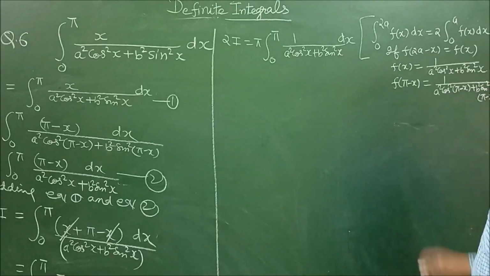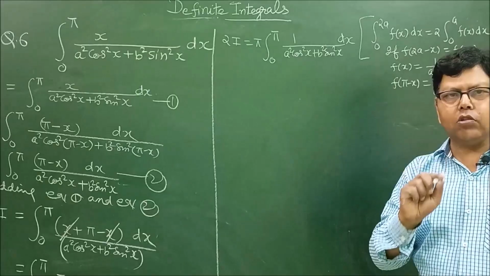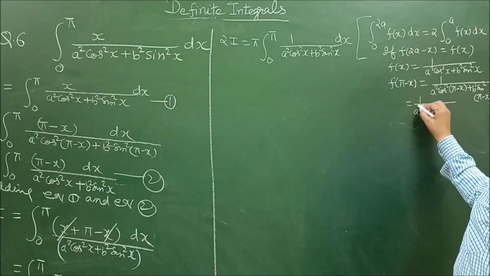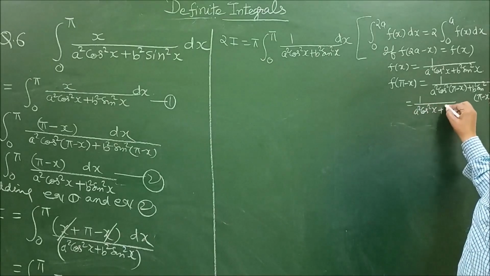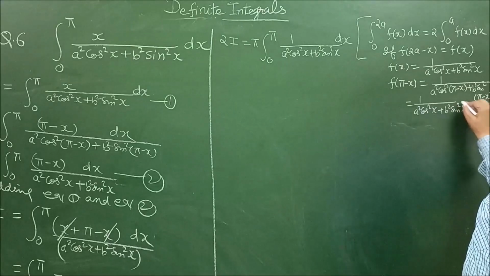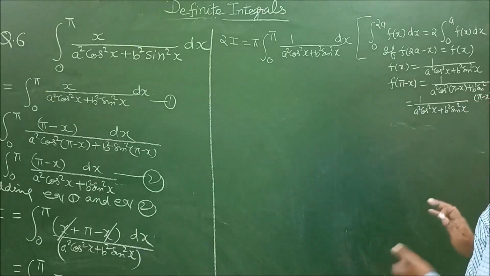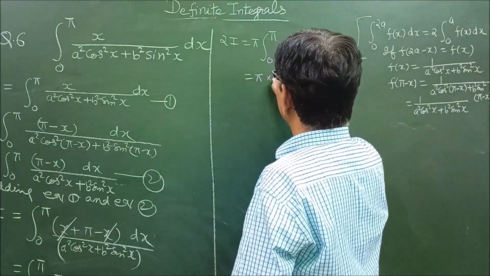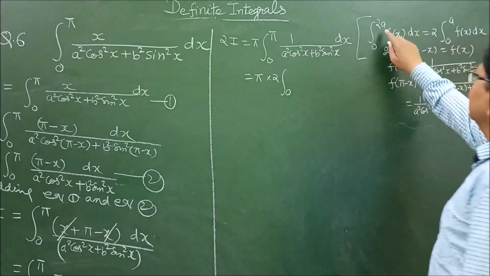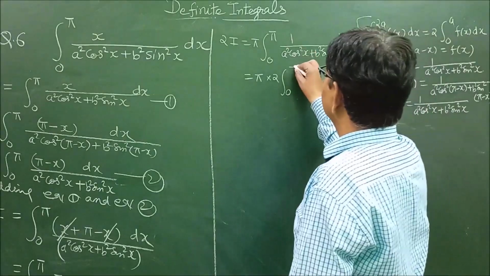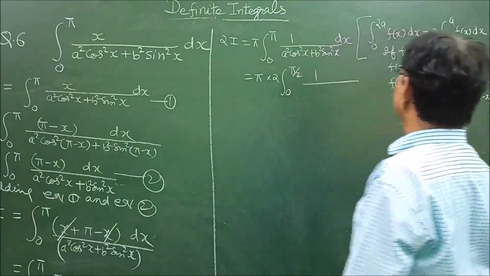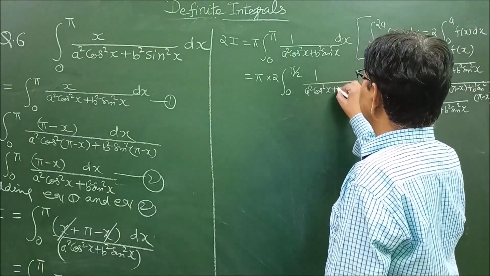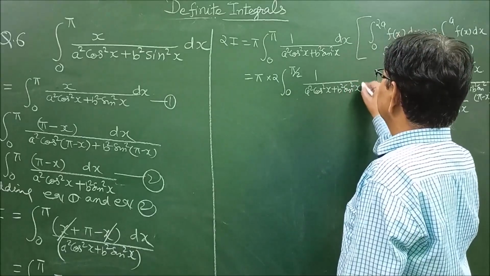As you know, cos(pi minus x) is equal to minus cos x, but because of the square sign it becomes positive, so this is equal to 1 upon a square cos square x plus b square sin square x. Sin(180 minus x) is also sin x, so there is no change in the function. So this can be written as pi into twice the integral from 0 to pi by 2, as the limit is halved here, of 1 upon a square cos square x plus b square sin square x dx.